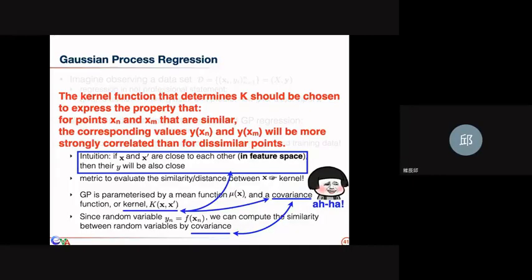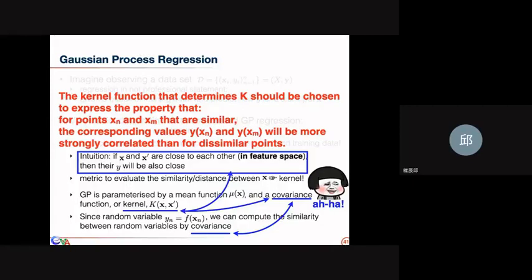So I want to emphasize again. You have training data, and now you need to find the kernel function that is able to satisfy your training data. How to satisfy it?